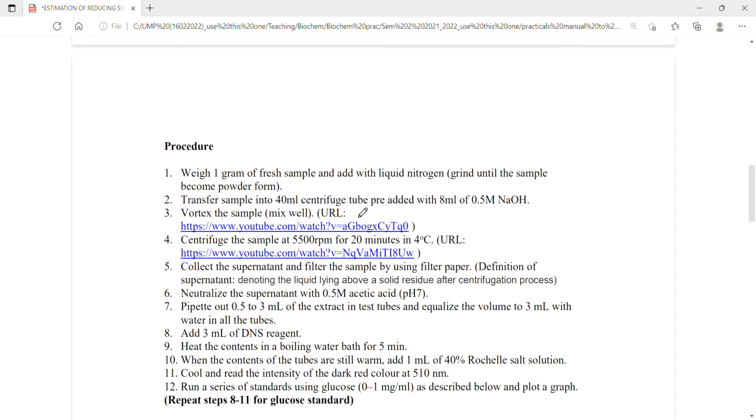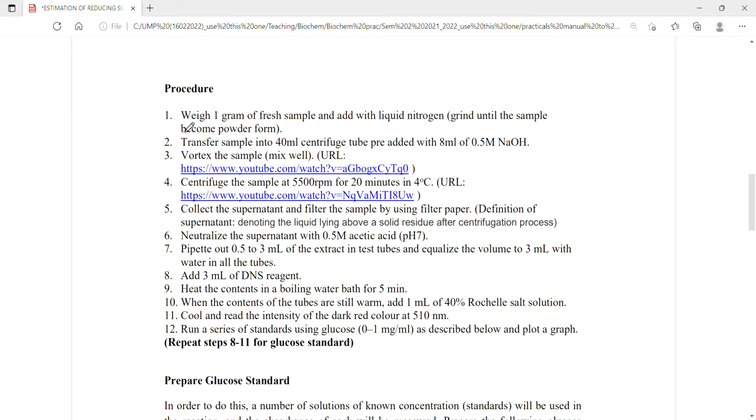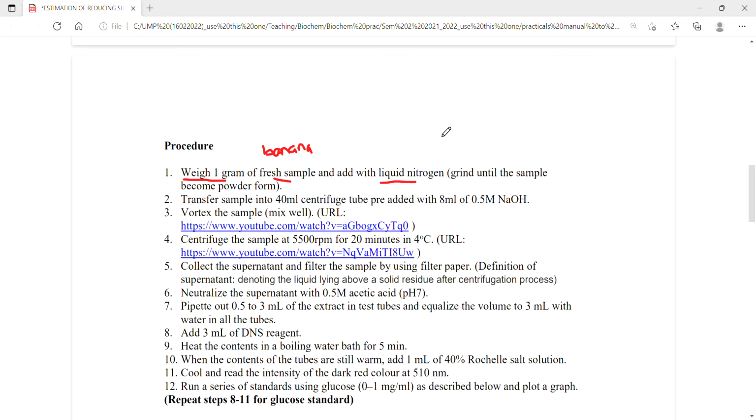We now move into the actual experiment itself. It looks like I can do this in one part, so let me try to finish the whole explanation of this practical in one video. The procedure is you take 1 gram of banana, freshly purchased, a fresh sample, and put it in liquid nitrogen.